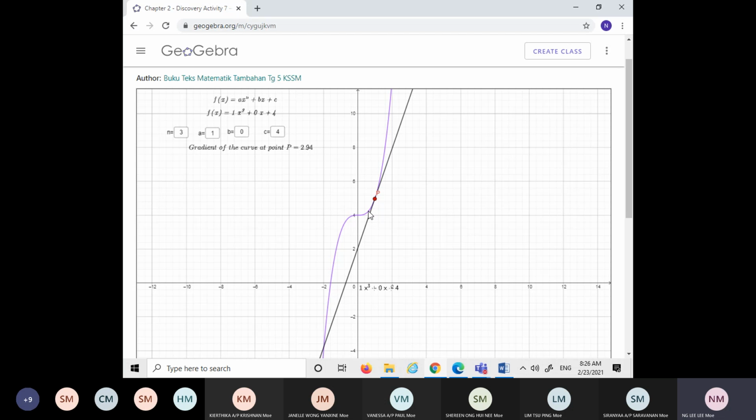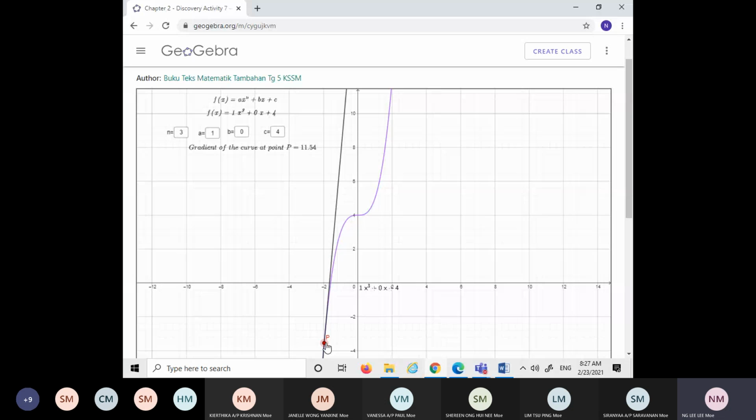Now we will see one by one. We start with x is -2. So I'm going to drag the point P here. -2. Come down some more. Here. I don't know where.